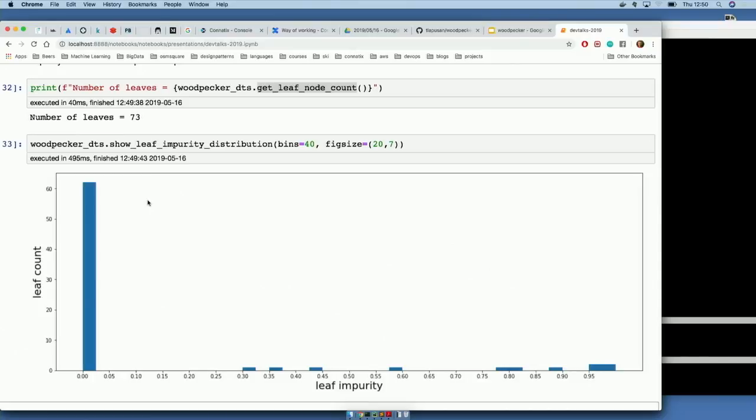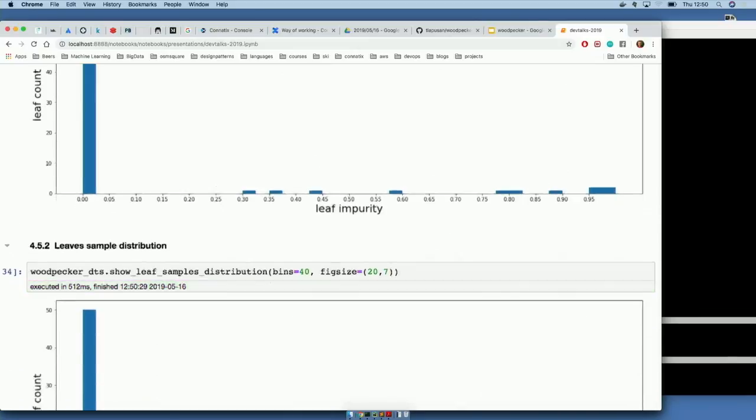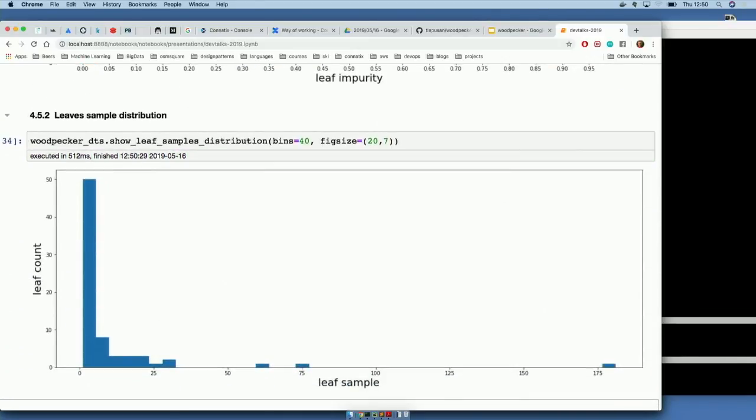But why is our decision tree still overfitting? Let's look at another visualization, which shows the number of samples from the leaves, and you can see clearly that the majority of the leaves contain very few samples.